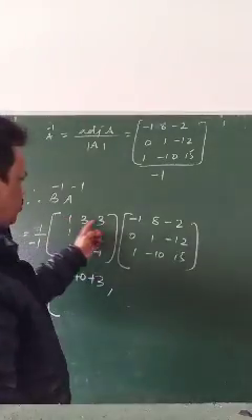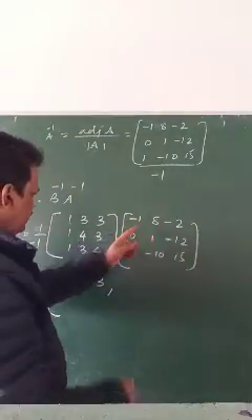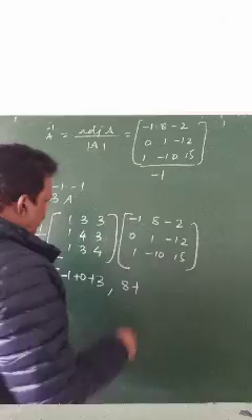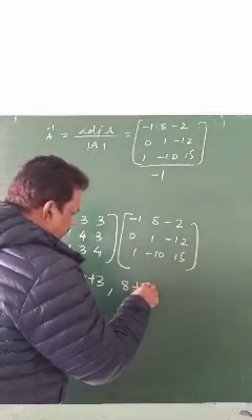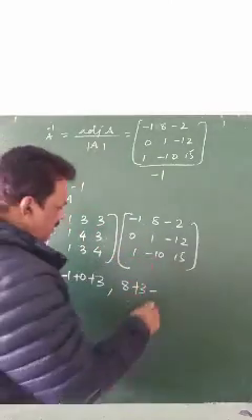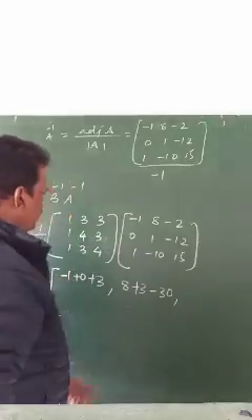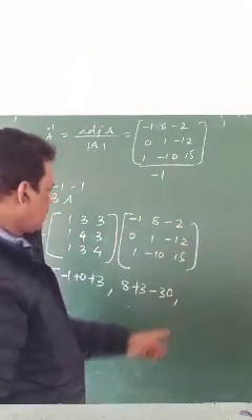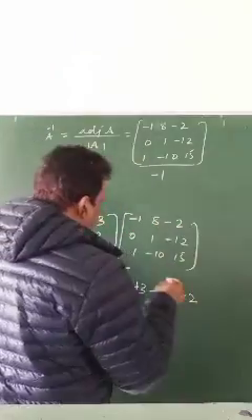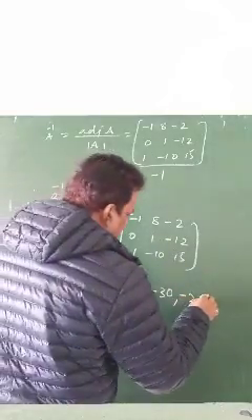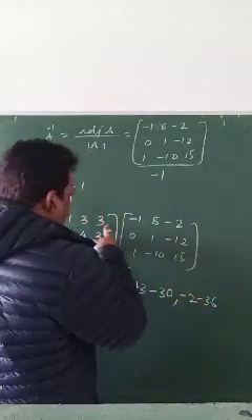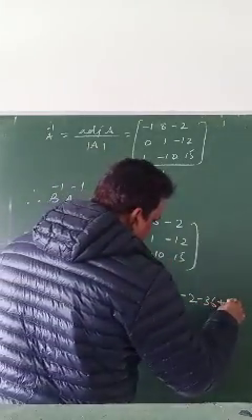Then first row, second column, 8 plus 3 into 1, 3 minus 30. First row, third column, -2 minus 36 plus 45.